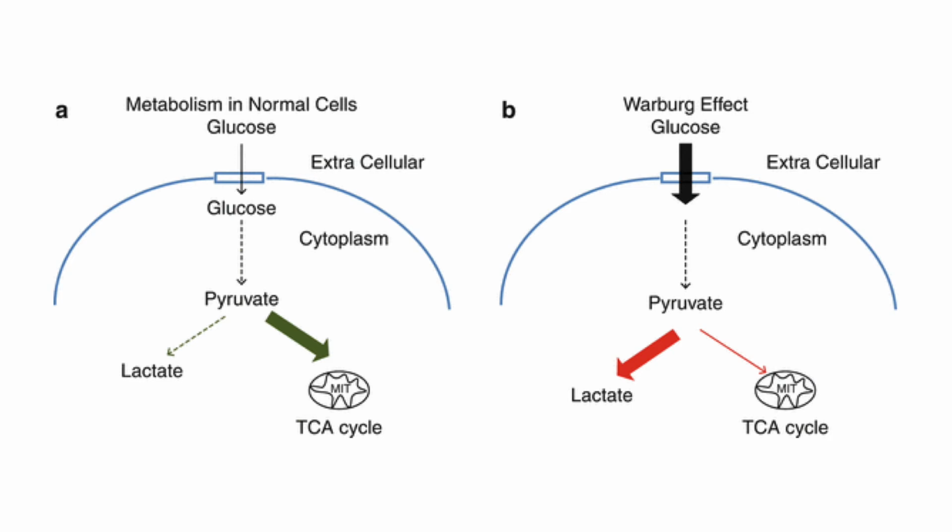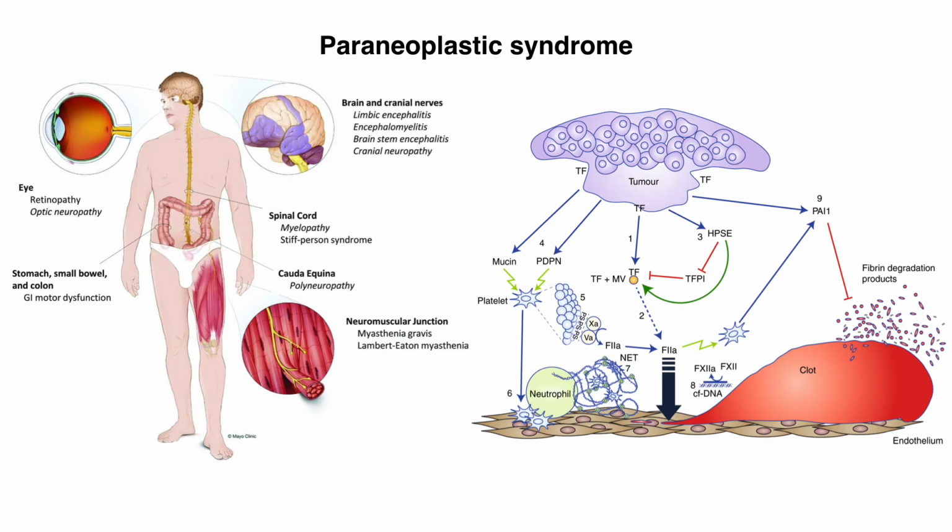Some tumors also exhibit paraneoplastic syndrome. These tumors act as endocrine glands and they produce substances that cause a variety of symptoms, such as a procoagulant state with mucinous adenocarcinomas, or production of ACTH, or a substance that acts like ACTH, by small cell lung carcinomas.